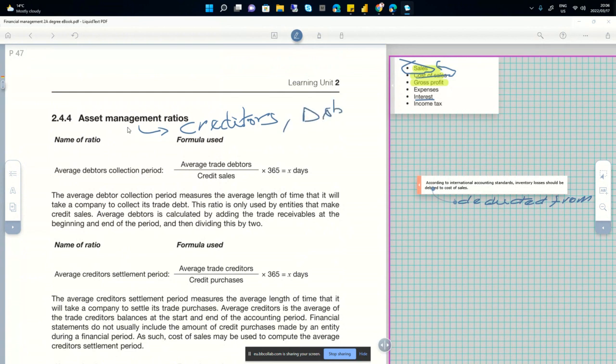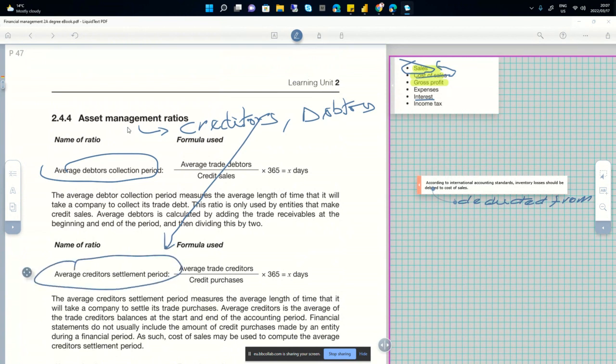Debtors are the people that we lend money to. So we will look, for instance, at any of our debtors. We will look at the average debtor collection period. And our creditors will look at our average creditor settlement period. How fast or how many days does it take us to pay back?